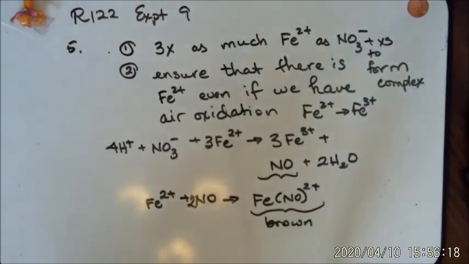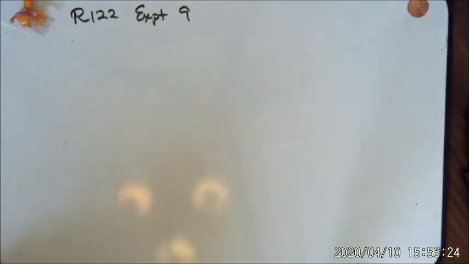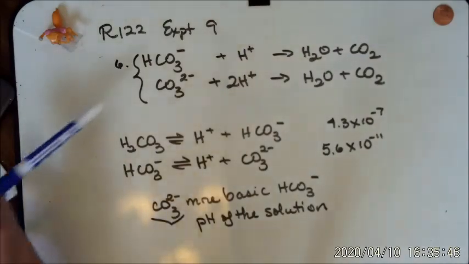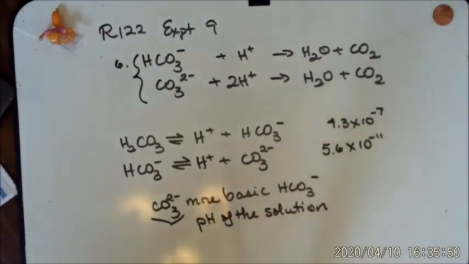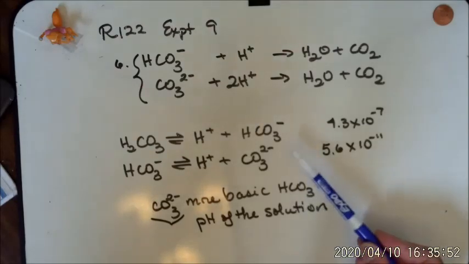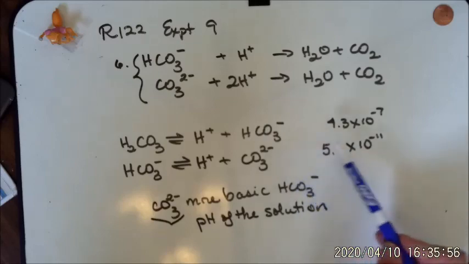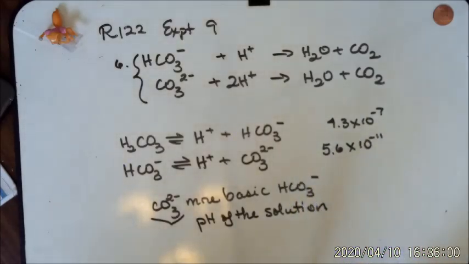Alright. So, at number 6, okay, for the last problem, it asks, how can you tell the difference between a bicarbonate ion and a carbonate ion? And basically, we know bicarbonate, this is my pKa, and for carbonic acid, this is the pKa for bicarbonate.